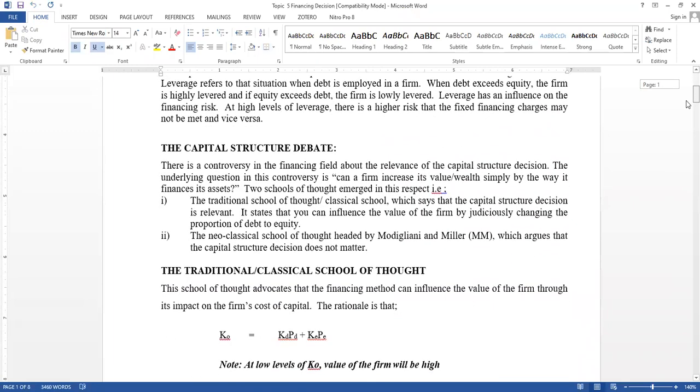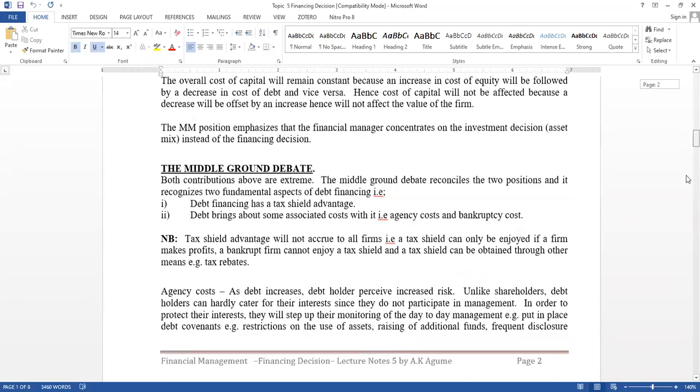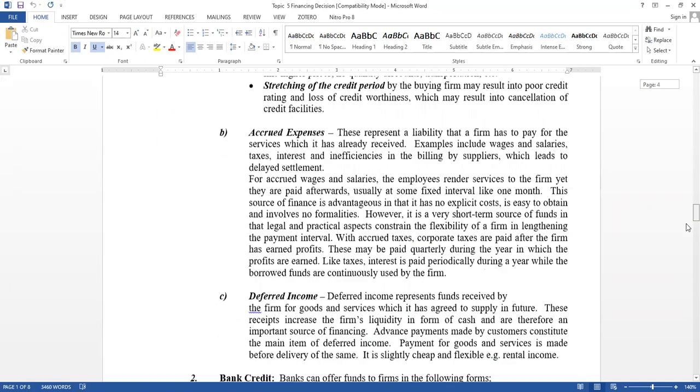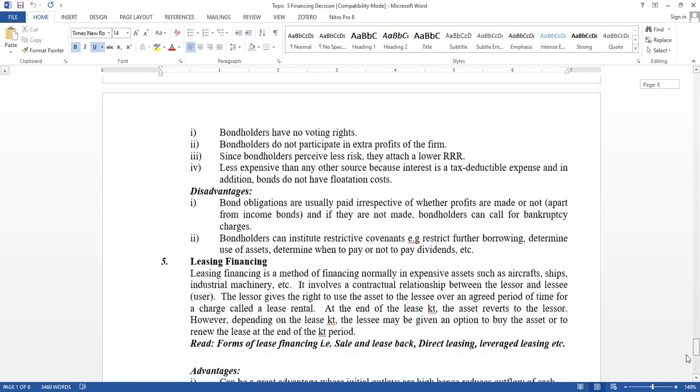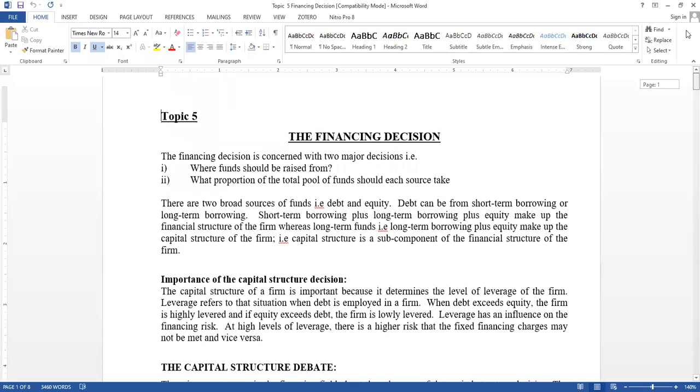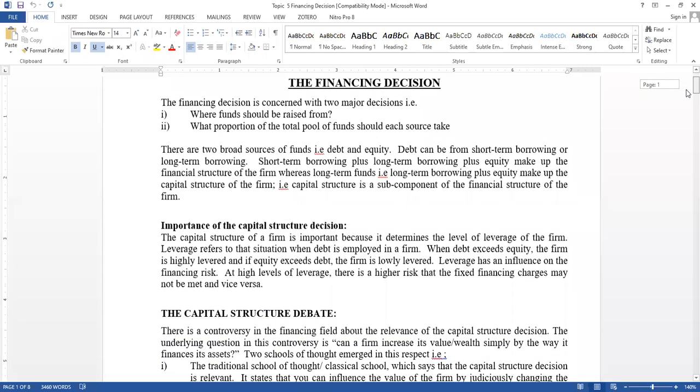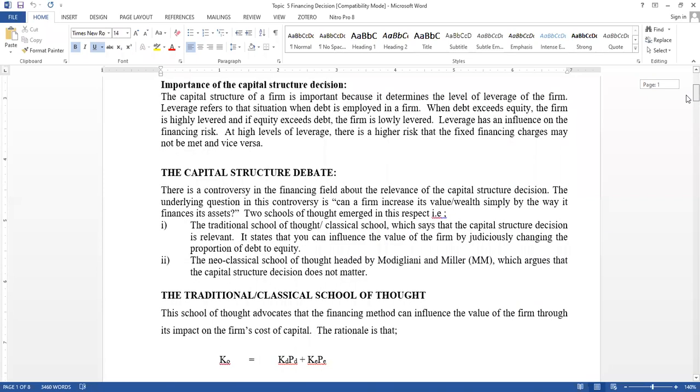I don't know how many of you have taken time to read through this theory of sources of finance. You have looked at the capital structure debate, the capital structure decision, where we have two schools of thought, the traditional, the neoclassical, MM, especially in the financing field, the relevance of the capital structure.